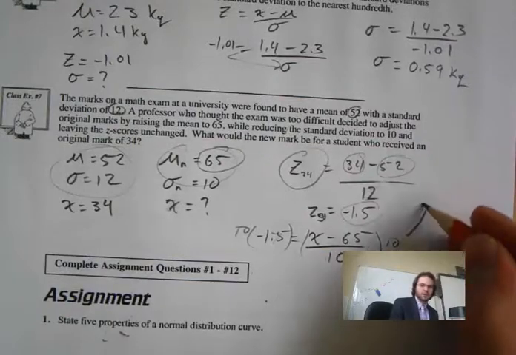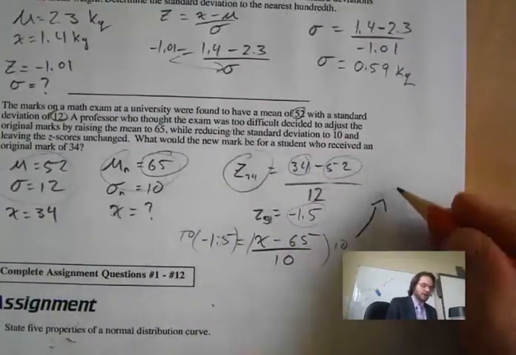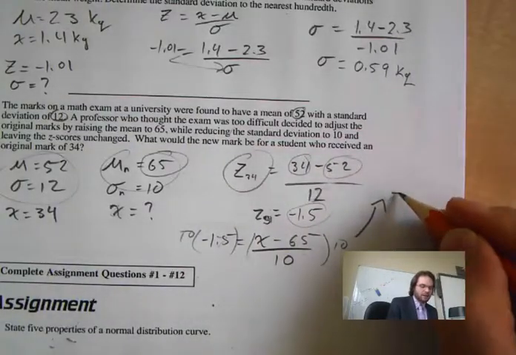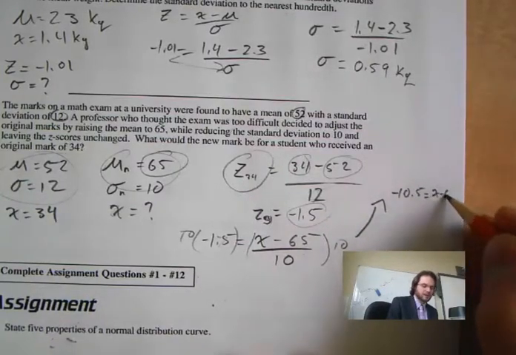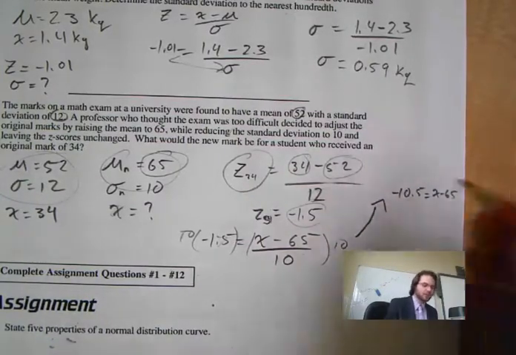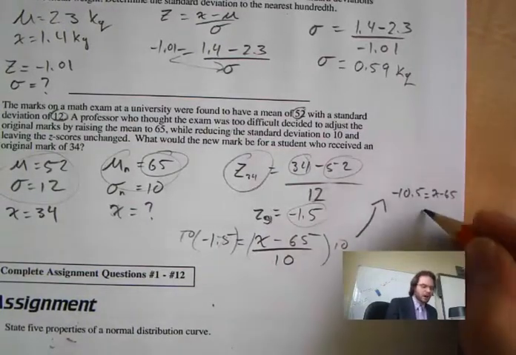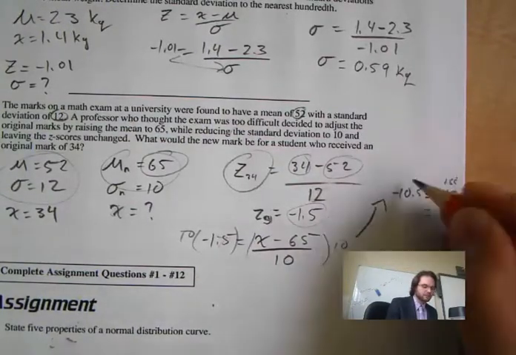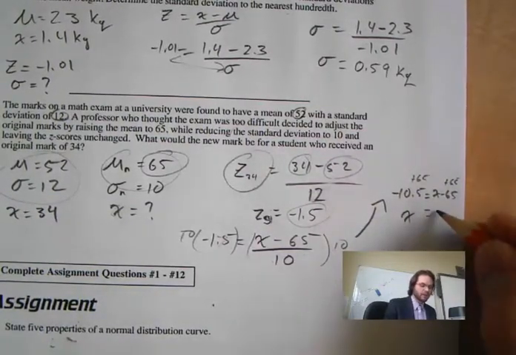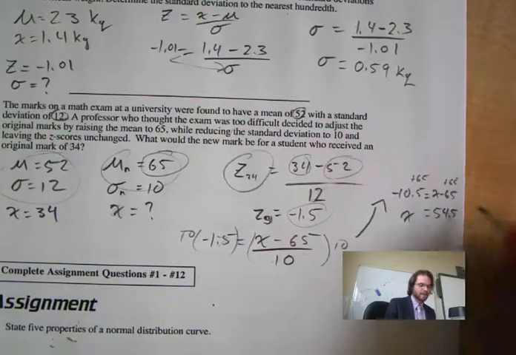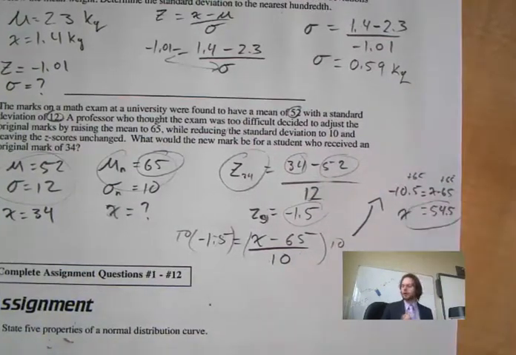We end up getting negative 10.5 is equal to x subtract 65.